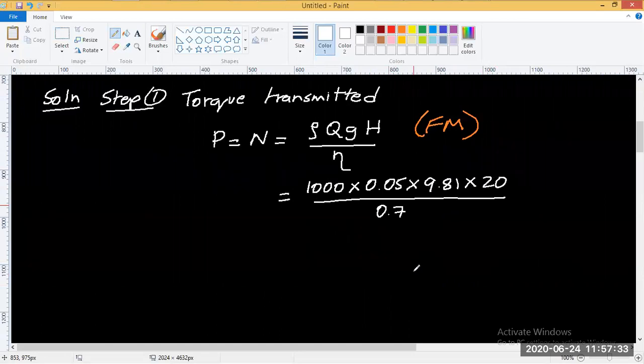Once we calculate this, since everything is in meters, we will get the unit of power in watts, not kilowatts. So N, or the power, I'm getting 14.01 kilowatts. So this is the power.